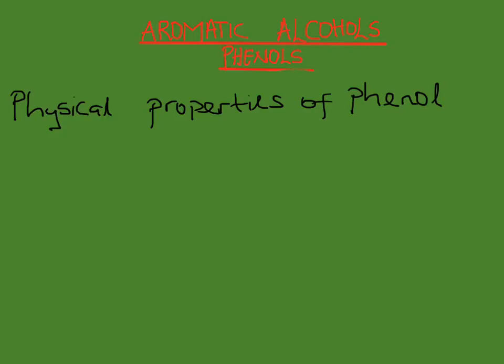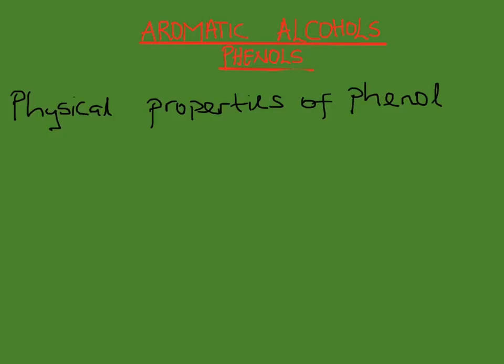Phenol is a colorless hygroscopic crystalline solid. It is poisonous and has a characteristic antiseptic smell. Phenol has significantly higher melting and boiling points and greater solubility than the corresponding alcohol.